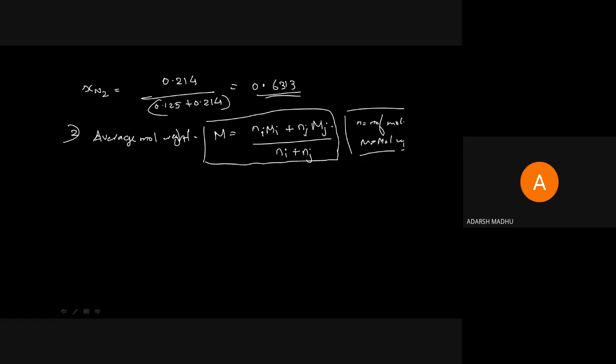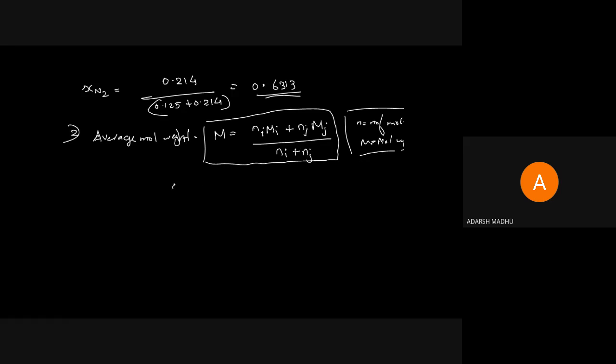So the average molecular weight is the number of moles of the first constituent into its molecular weight, plus the number of moles of the second constituent into its molecular weight, all divided by the total number of moles, Ni plus Nj.